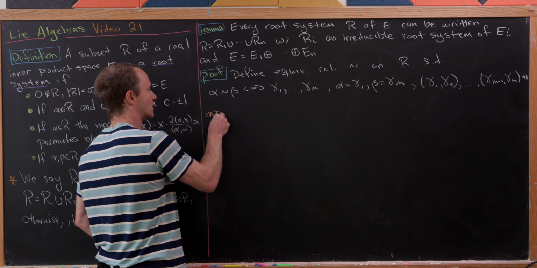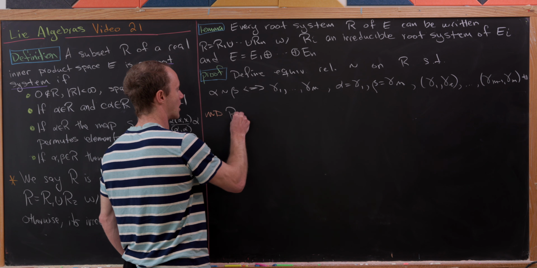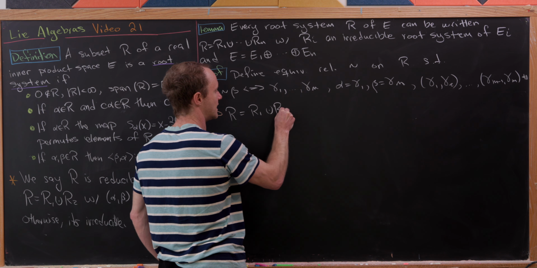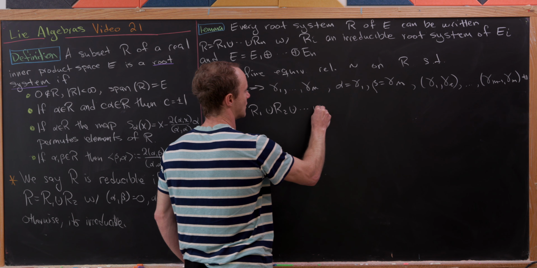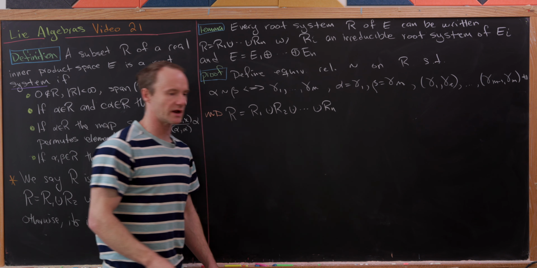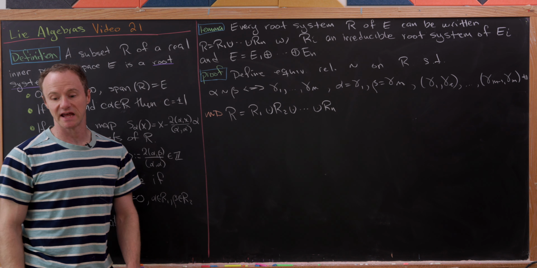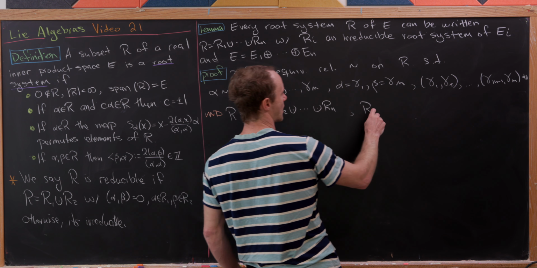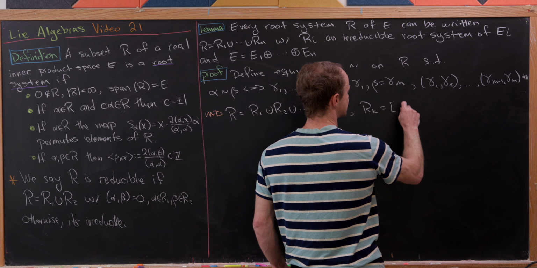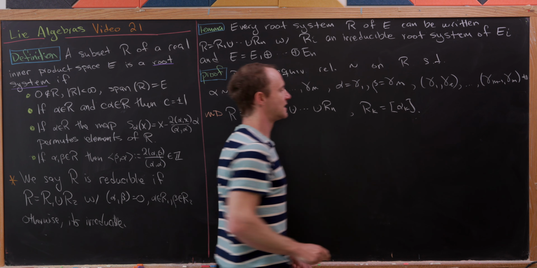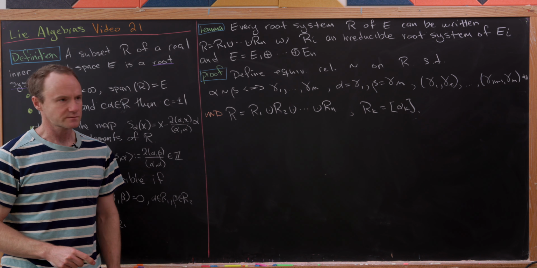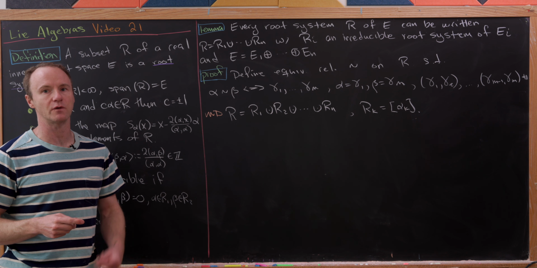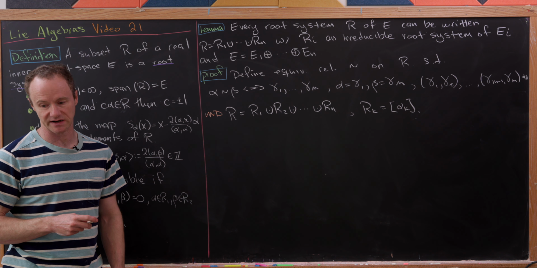So in other words, we can write R as the disjoint union R1, R2, all the way up to Rn, where those are, like I said, equivalence classes. So maybe Rk is the equivalence class of alpha k. And if you remember anything about equivalence relations, you only need one equivalence class representative.